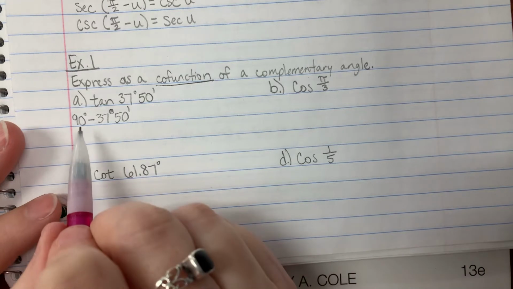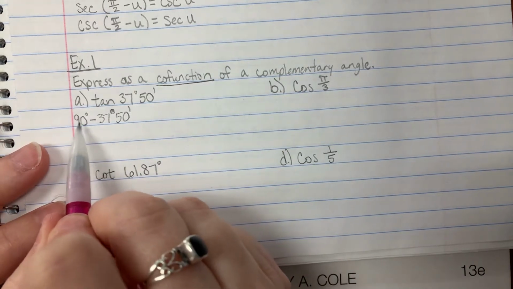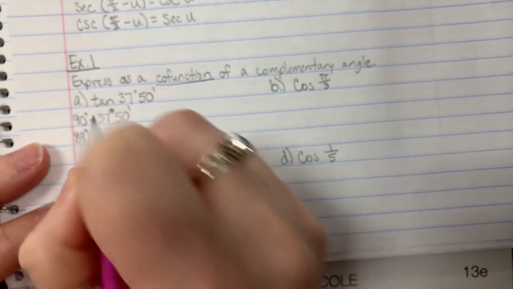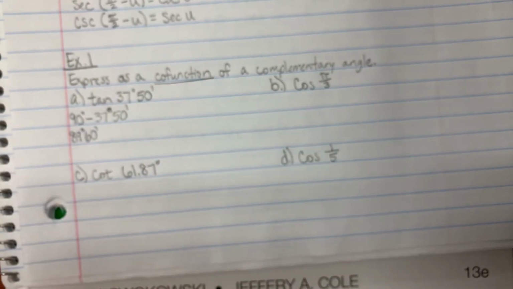Since I have degrees and minutes, I have to go a little further. I would change 90 degrees to 89 degrees and 60 minutes, because there are 60 minutes in a degree.